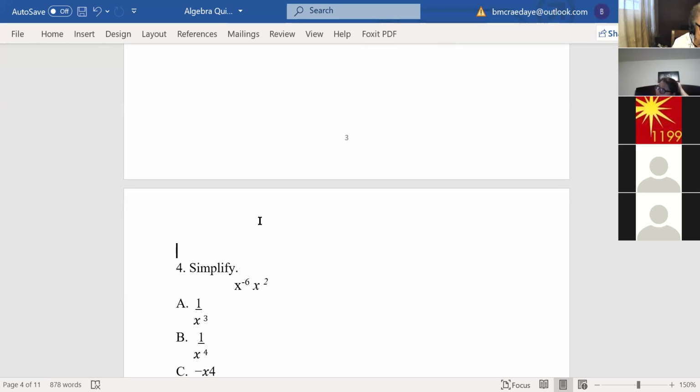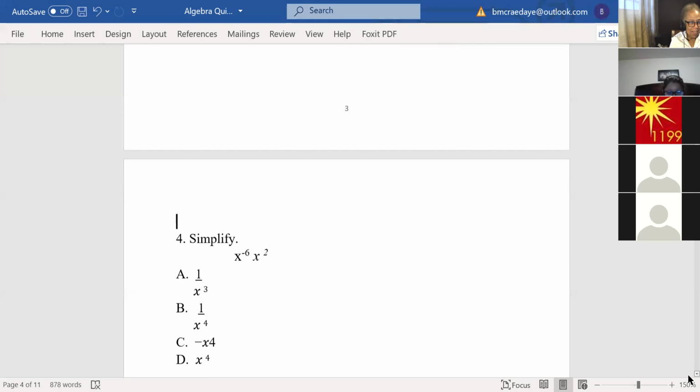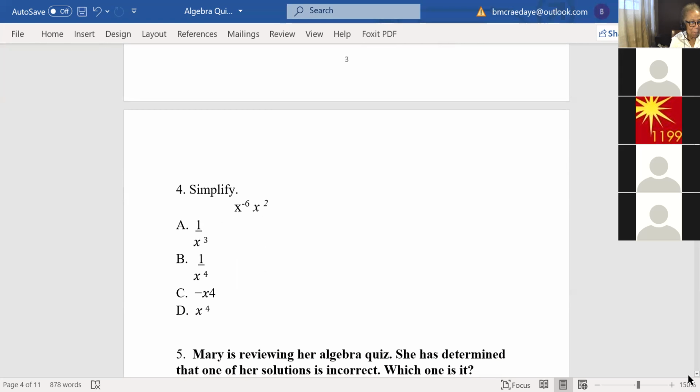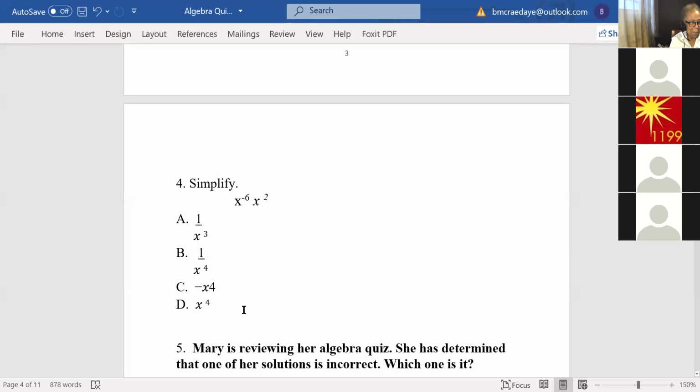All right, let's look at this one. Simplify. Latoya, how do you do the exponent here? The answer I got is, my answer was B. Okay, you got B. Audrey, what did you get?